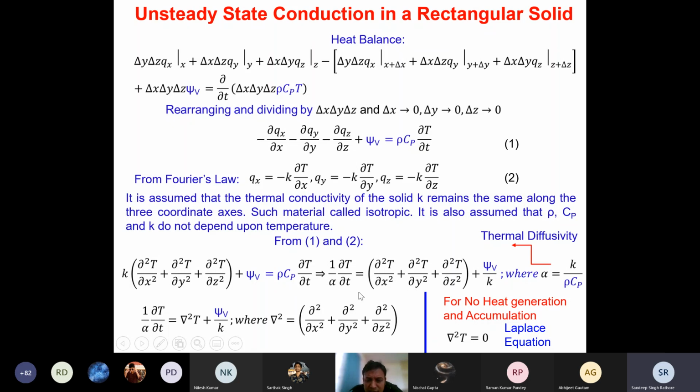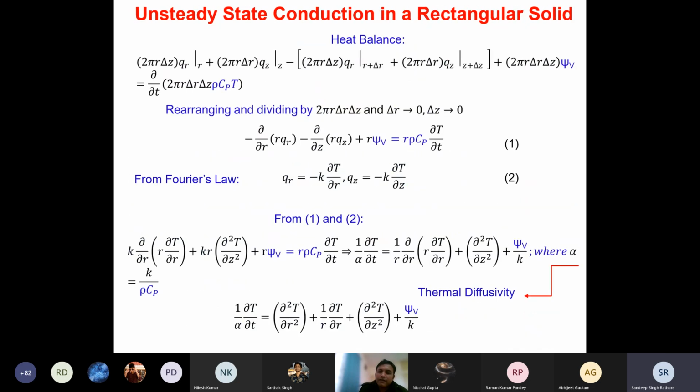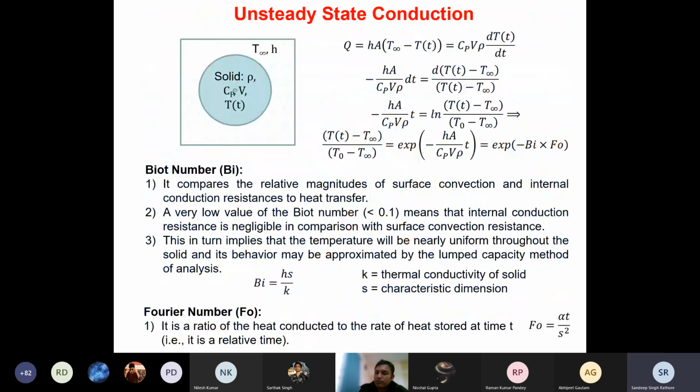So the non-dimensionalized time will be given by what? The non-dimensionalized time will be given by alpha t by S square. And this alpha t by S square is nothing but the relative, non-dimensionalized time. So that particular term is called a Fourier number. Remember, this S is a characteristic dimension.